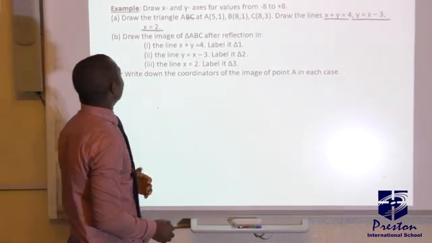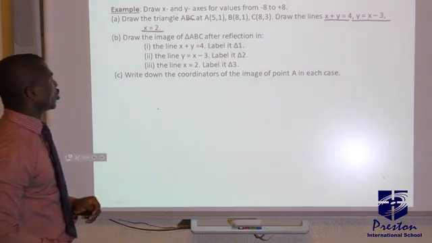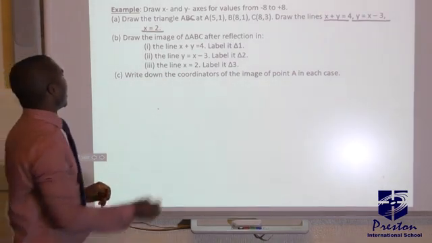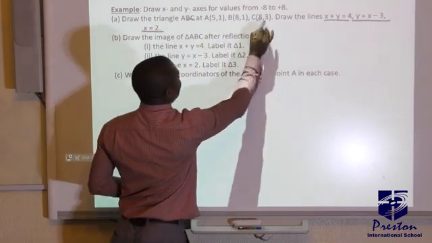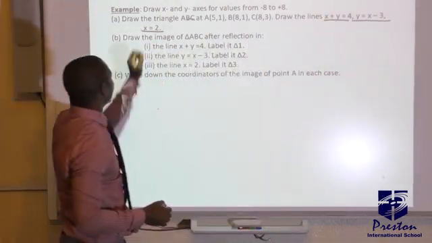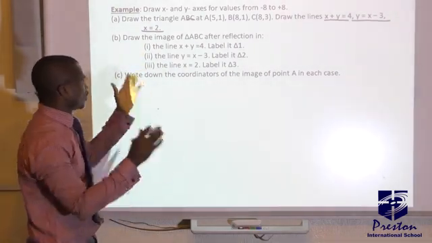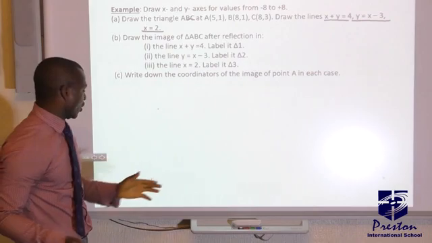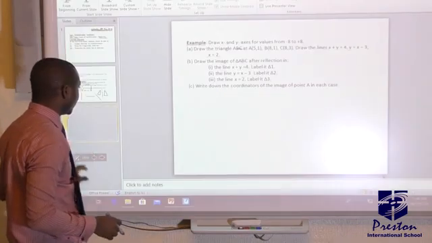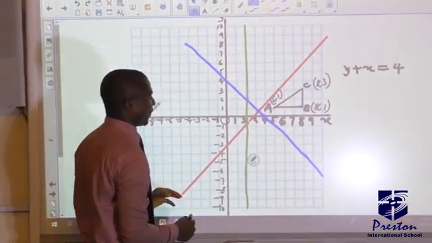Now draw x and y axis for values from -8 to +8. Now we have the triangle ABC in this order. Now we have to draw along these lines. Though, because of our time, I'll just introduce you to one or two of the examples. Now we have the diagram for the different lines.